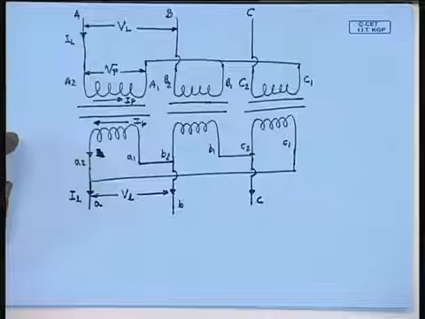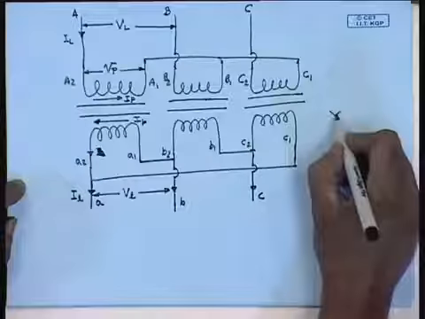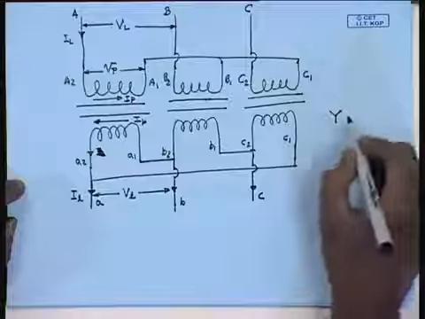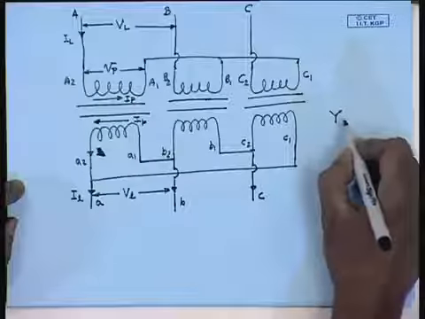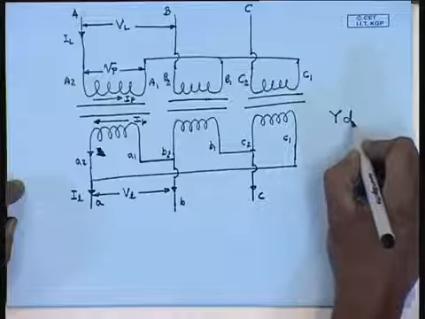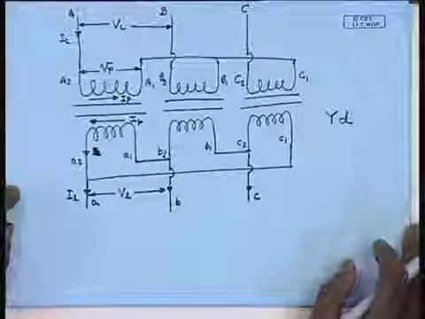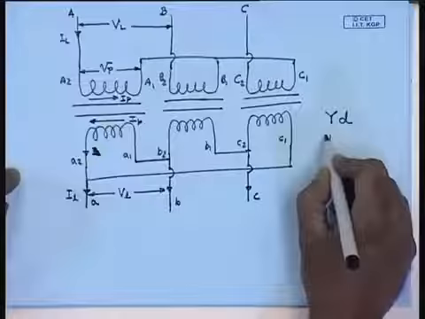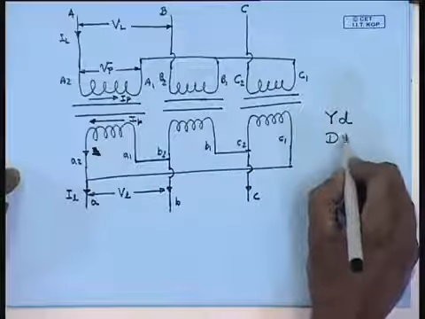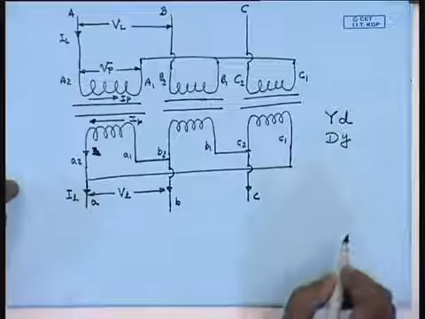That is, the high voltage side star is represented by a capital Y and the low voltage side delta is represented by a small letter d. Had the high voltage side been delta connected, it would have been written as capital D small y, delta star connection.